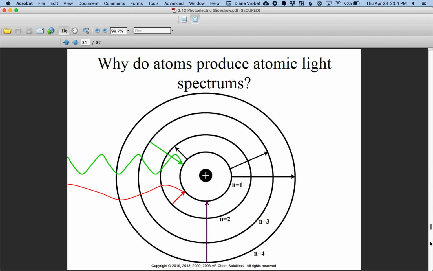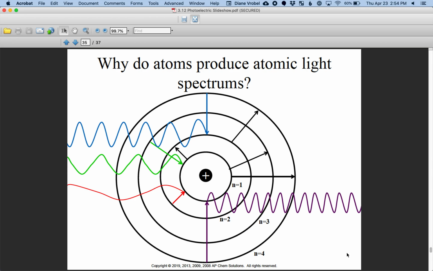So notice how with all of these, they have to be promoted to an upper energy level, and as a result of it, it gets to be a different color of light. And you could argue that, notice how the red light comes from the first to second energy level, or I should say the energy is absorbed to the second energy level, but it's given off when it goes back down to the first.